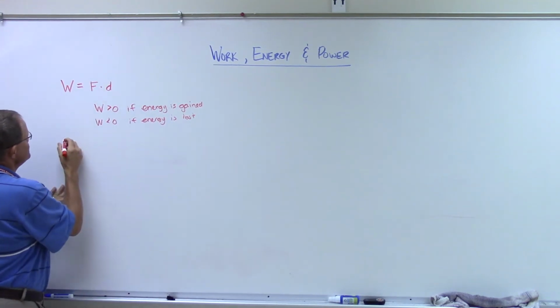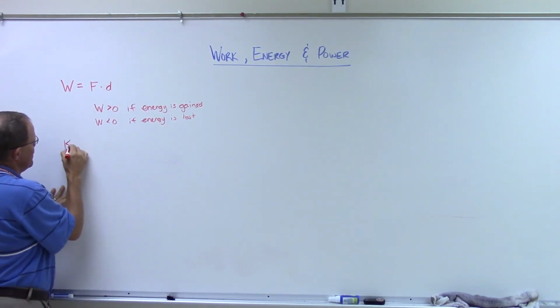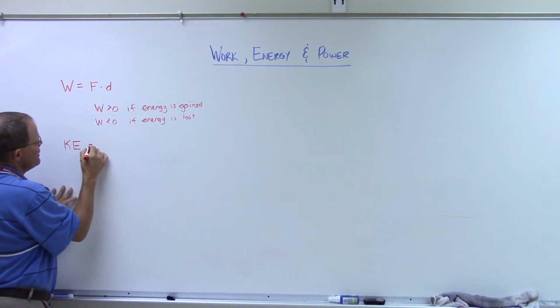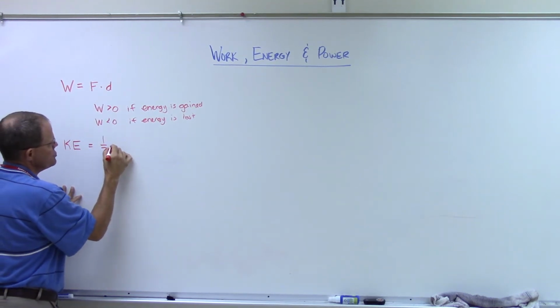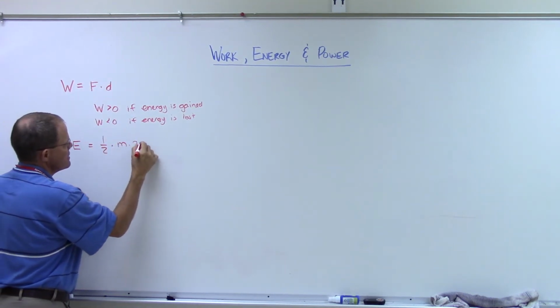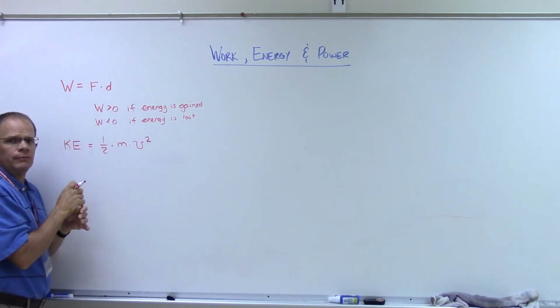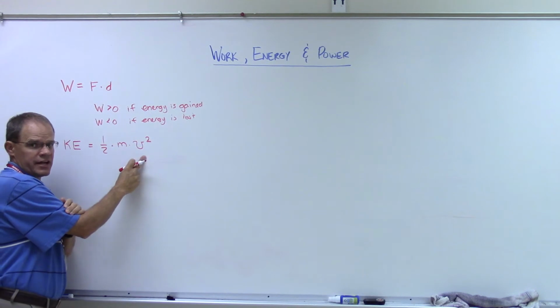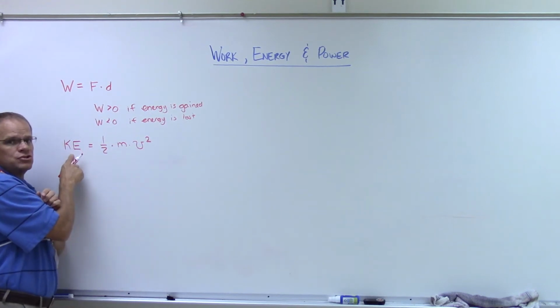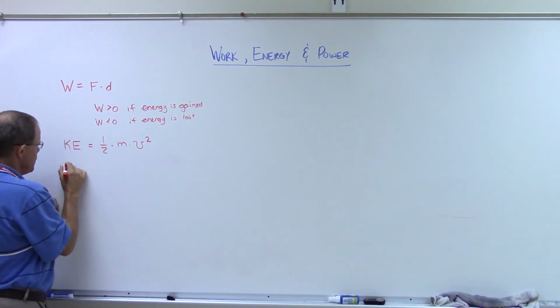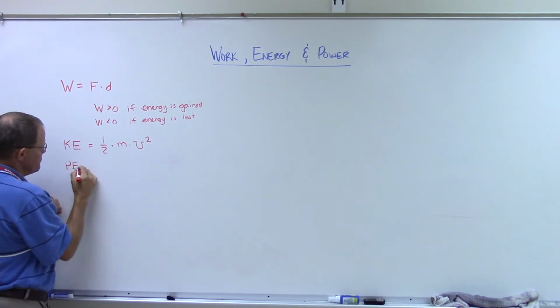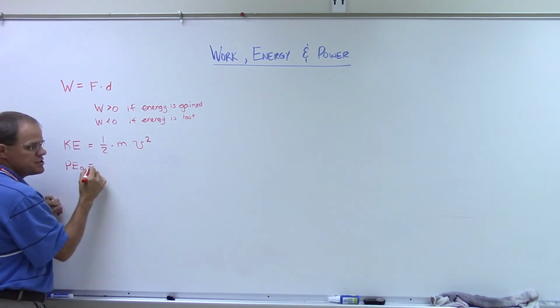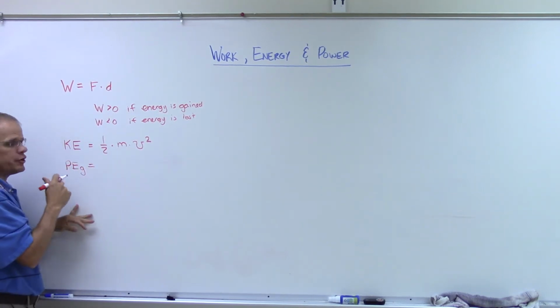All right? The second thing we talked about was how to find a couple of energies. The kinetic energy was the energy of motion. It was 1/2 of the mass times the velocity squared. If the mass was in kilograms and the velocity was in meters per second, then the energy was in joules. We talked about potential energy of various forms. The kind we are interested in right now is potential energy due to gravity.